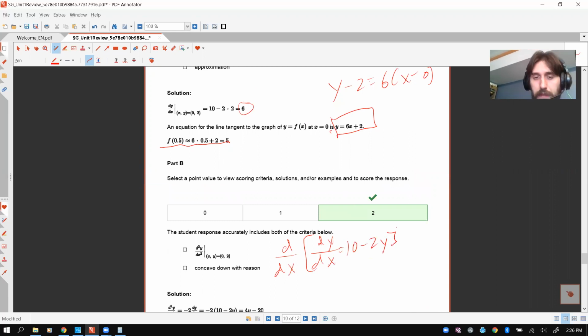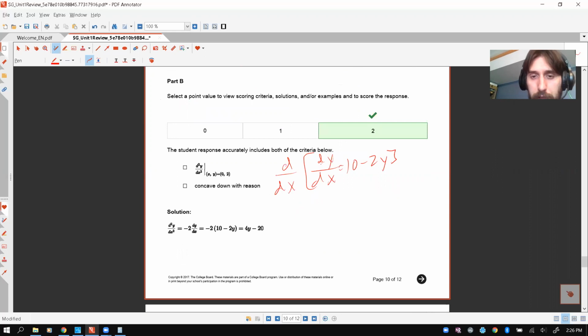To do that, the derivative of dy dx is d squared y over dx squared. The derivative of 10 is a constant, it's just 0. And the derivative of negative 2y is negative 2 dy dx, right? This is the chain rule: for 2y, the derivative would be the power rule.